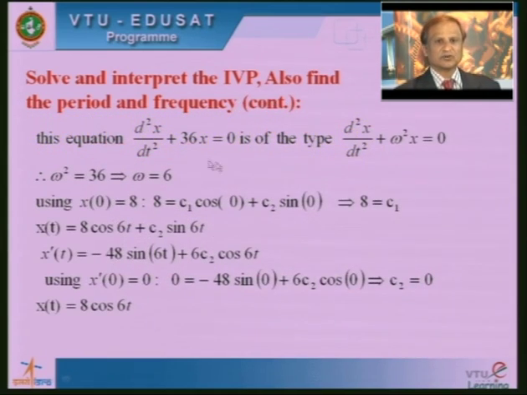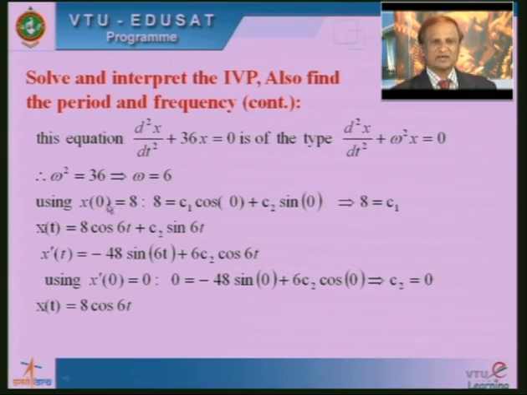So, I have written, the same equation can be compared with the general equation, omega square is equal to 36. I hope you will get omega is equal to 6. Now, I have already written down the solution. I want to use the initial conditions, x of 0 is equal to 8.